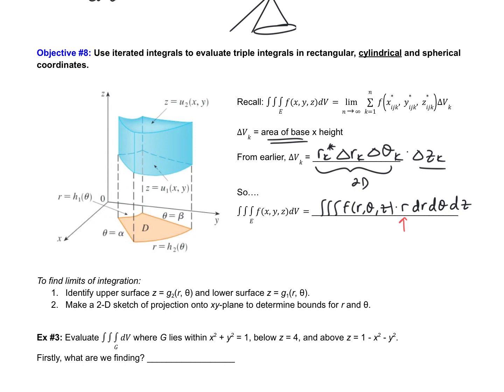I will tell you, convention is to go dz dr d theta. Okay, and then you have this figure to the left that is explaining what we're doing. But ultimately, what you want to know is when you convert from rectangular to cylindrical, you're still going to get that extra r.